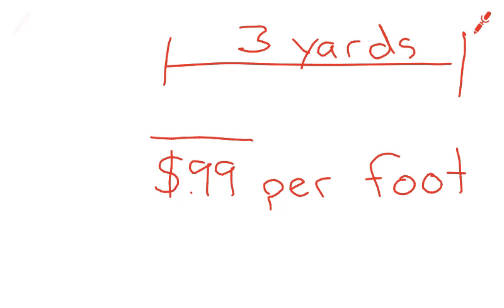So for a foot of it, it's 99 cents. In figuring out our total here, it's asking how much did the material cost? Well, 3 yards. How many feet would 3 yards be? And we can do our 1, 2, 3 to figure this out.